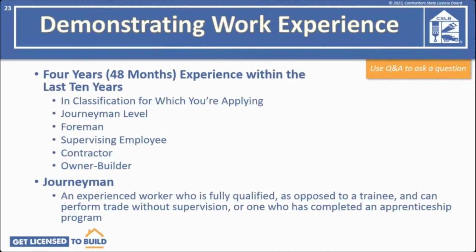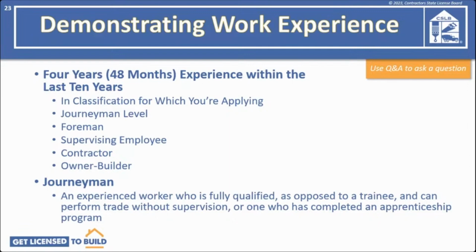Okay, along with the educational credit we talked about earlier, this next section is probably the most important of the entire workshop and the part of the application that causes the most headaches for applicants. It is how you demonstrate your work experience on your application. Remember, the license qualifier needs 4 years or 48 months of experience within the past 10 years in the classification for which you are applying.